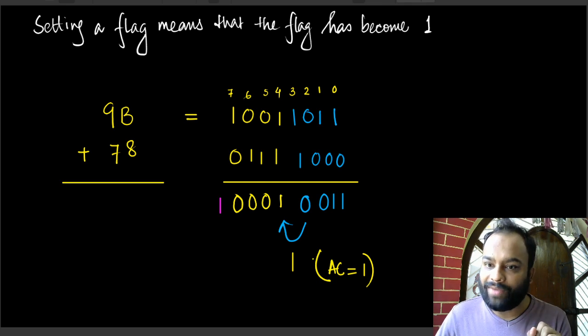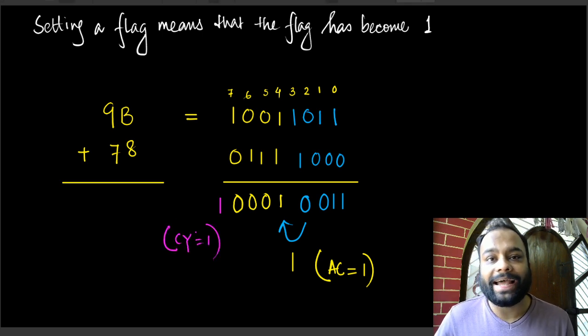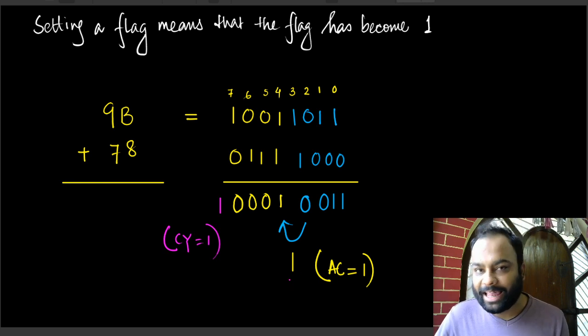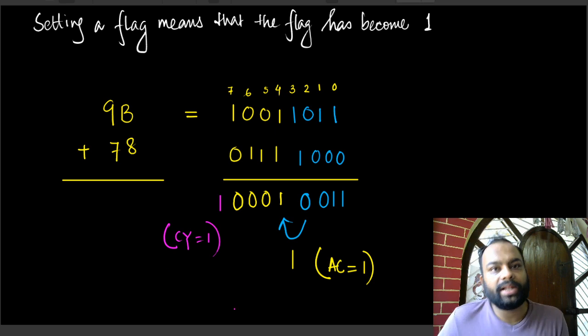So the auxiliary carry flag will be set, indicating that there has been an auxiliary carry, but also the carry flag will be set, indicating that there has been a carry, right? And all of this will be indicated in the flag register itself. So you get the point.